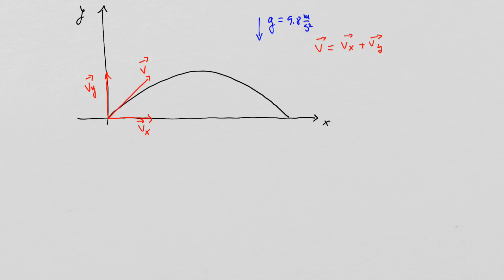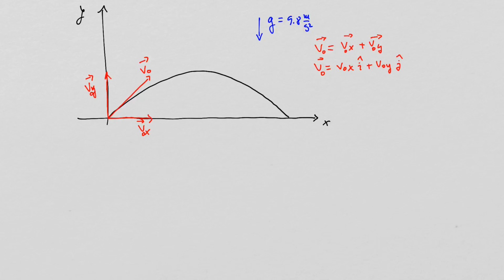And if I use unit vector notation, actually, let's call the initial velocity v0. So v0 is equal to v0x plus v0y. So v0 will be equal to v0x i hat plus v0y j hat.